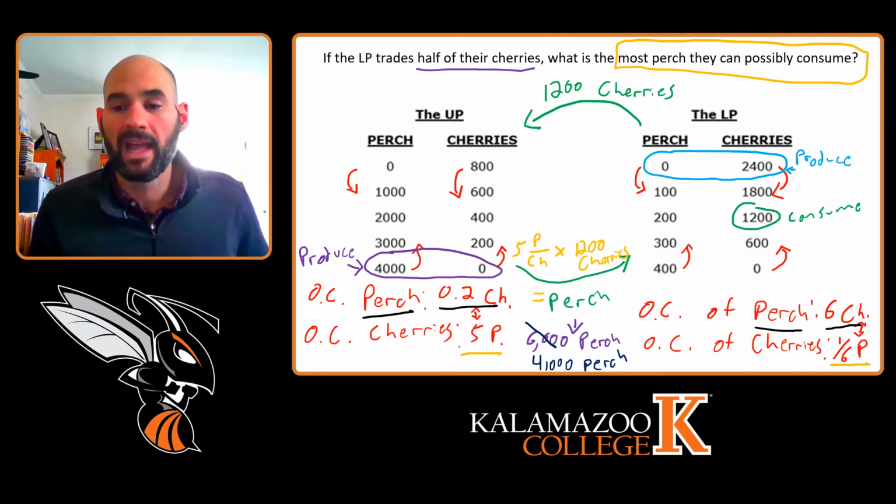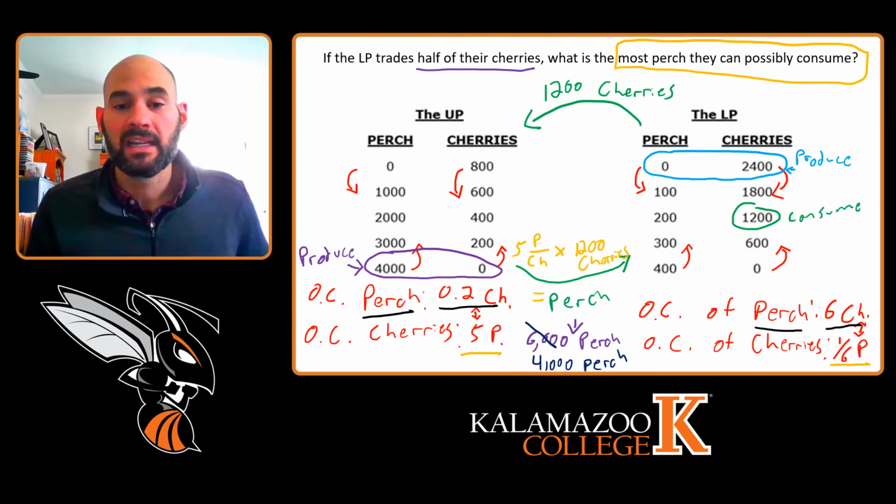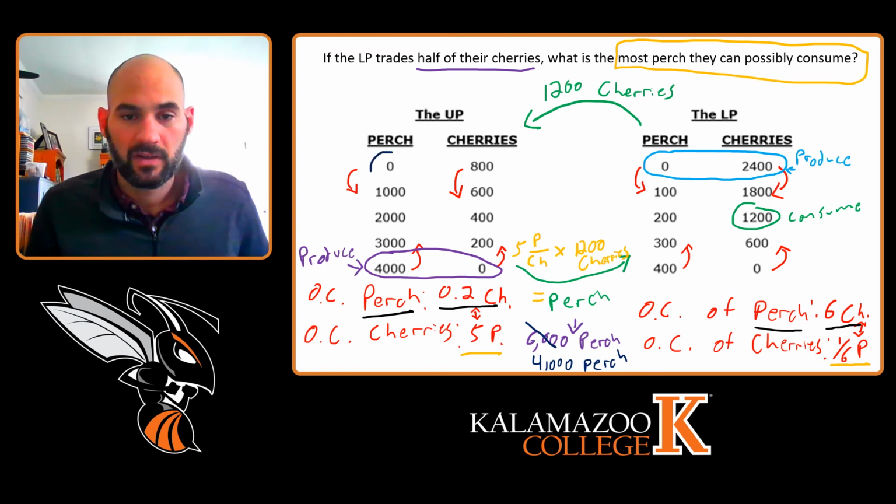So when both of these countries, the UP and the LP, rationally specialize according to comparative advantage and engage in trade, and the LP were to send over 1,200 cherries over to the UP, then the UP is going to be in a world where they have 0 perch and 1,200 cherries.